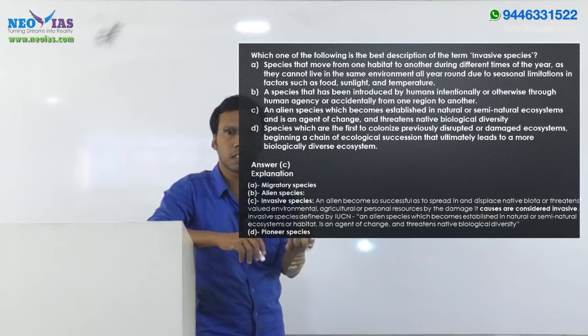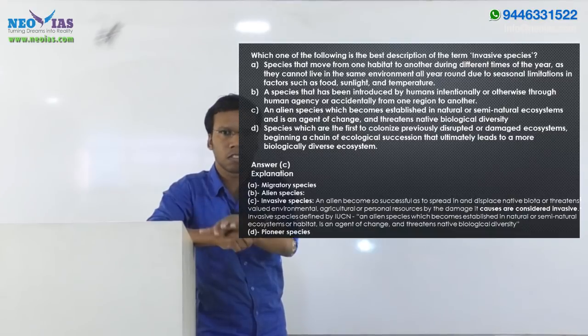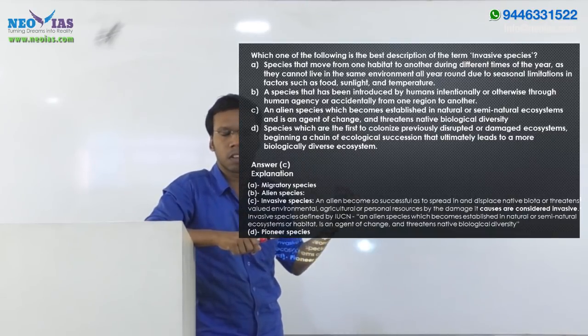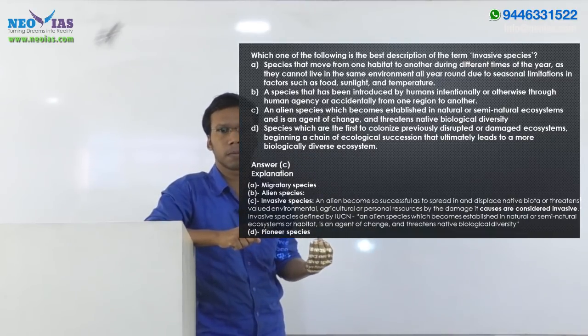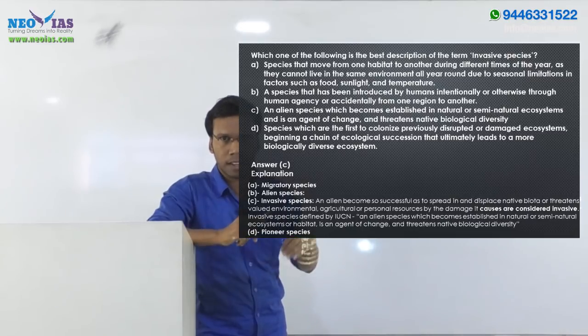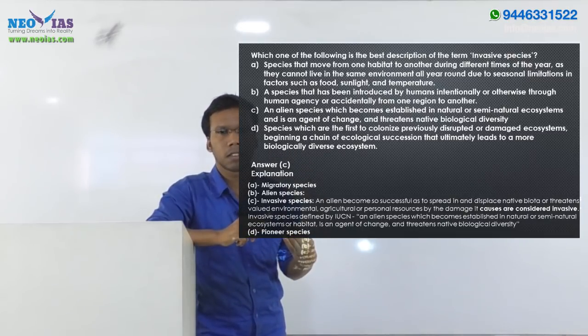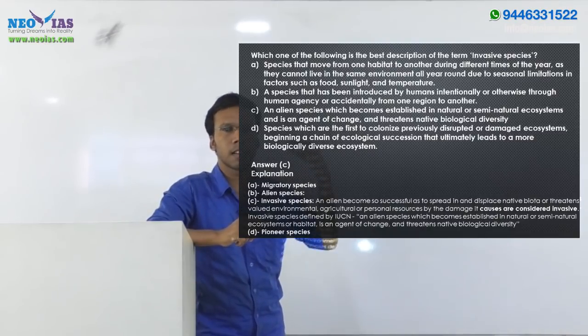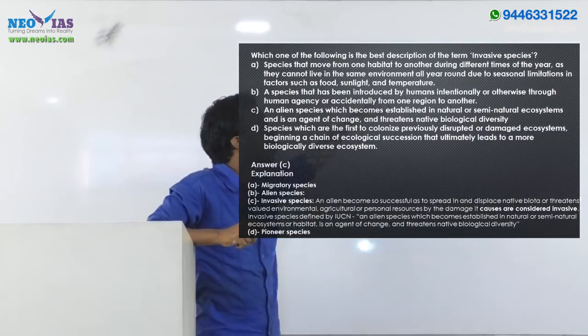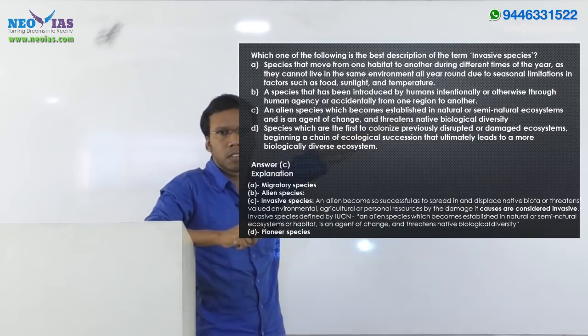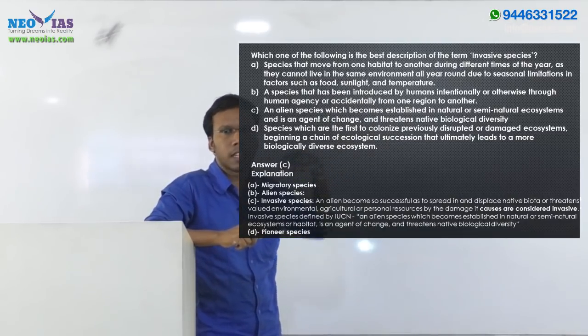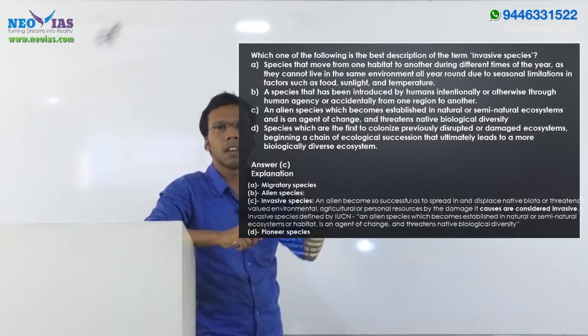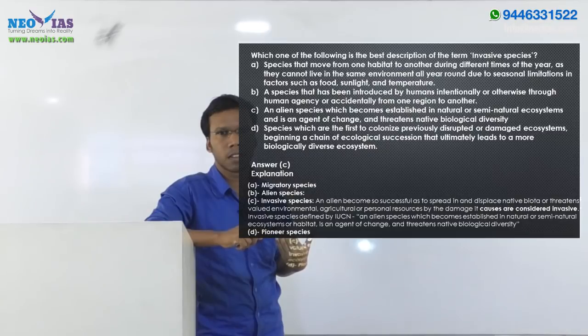So whatever species comes from outside of an ecosystem is known as an alien species. Okay, so when that alien species competes with the native species, and the native species is suppressed, in that case we call that species an invasive species. That means the native species will be suppressed and the alien species will get the advantage, right?